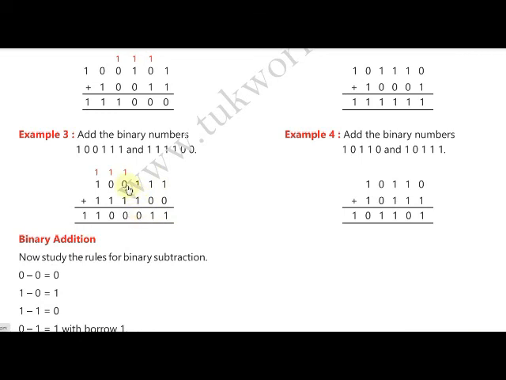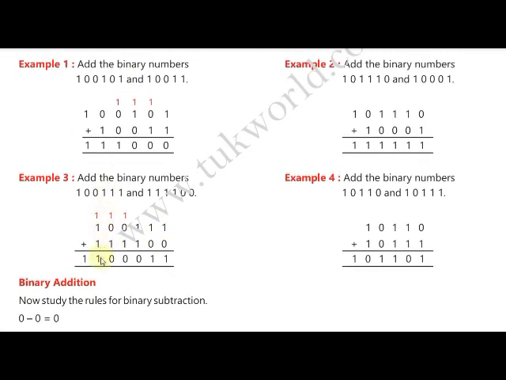0, and we have to carry a 1 to the next digit. 1 plus 1, what will be the output? That is 0. Now we carry a 1 to the next digit. Then 1 plus 1, that means it is the addition of true values. 1 plus 1, what will be the result? 0. Okay, now carry a 1 to the next. Now 1 plus 1 plus 1, so what will be the result?